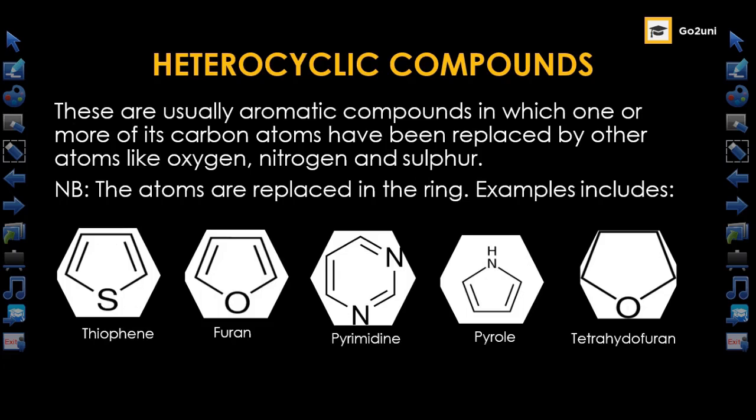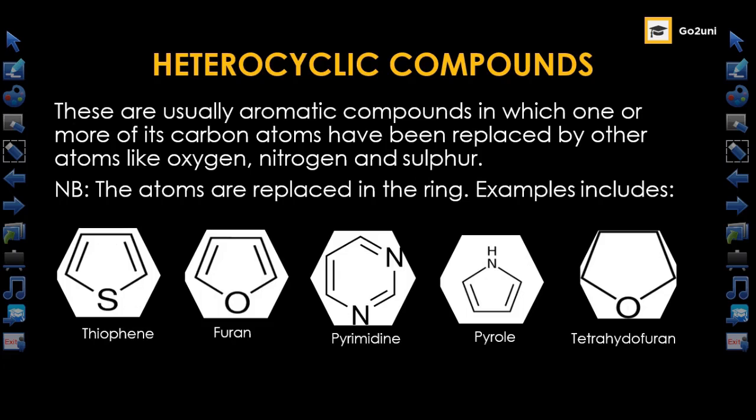Examples include thiophene, furan, pyrimidine, pyrrole, and tetrahydrofuran. Looking at the compounds displayed, we can see that sulfur has replaced carbon in its place. Similarly, oxygen has replaced the carbon that was there before.